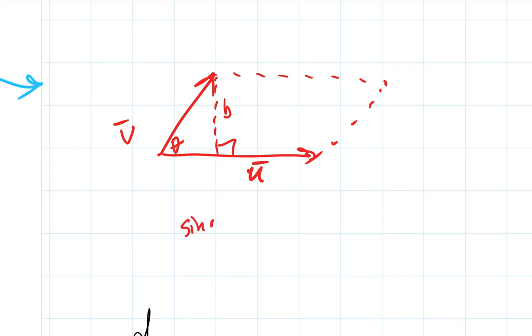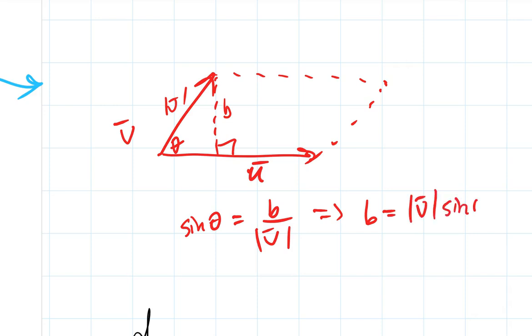The sine of theta is going to be, all right, so this is v, this is the length of v here. So the sine of theta is b over the length of v. So this means that b is the length of v times the sine of theta.